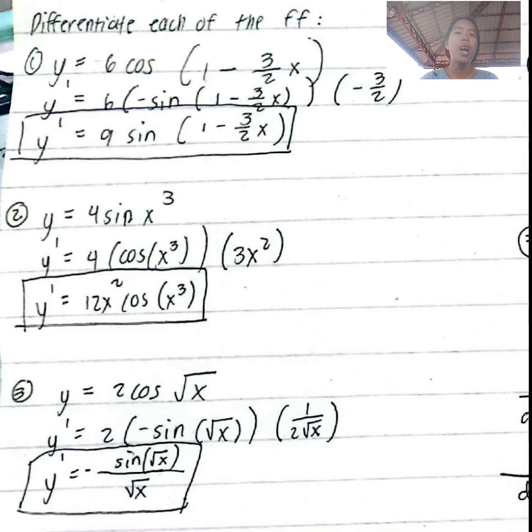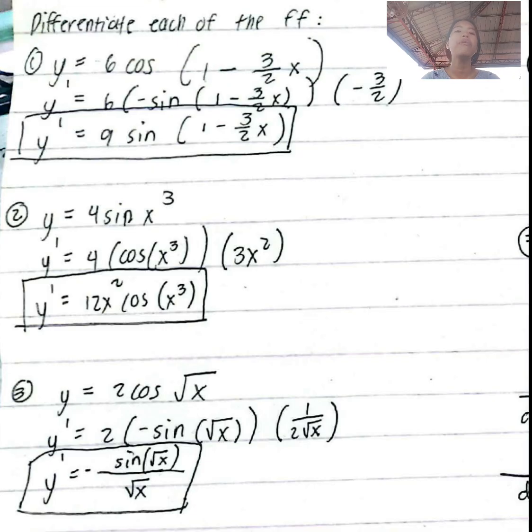Our inner function is 1 - 3/2 x. So the derivative of this function is simply negative 3/2. Now, our step 3 is to multiply them together. y' = 6 times negative sine(1 - 3/2 x) times negative 3/2.